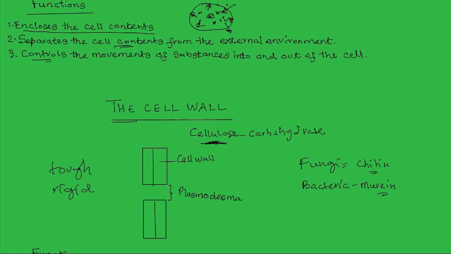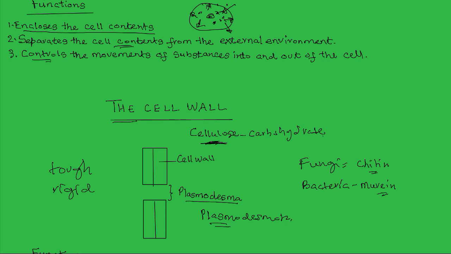In addition, the cell wall has tiny pores known as plasmodesma. Plasmodesma is one, and the plural of that is plasmodesmata. So the cell wall has tiny pores known as plasmodesmata, through which large substances pass.